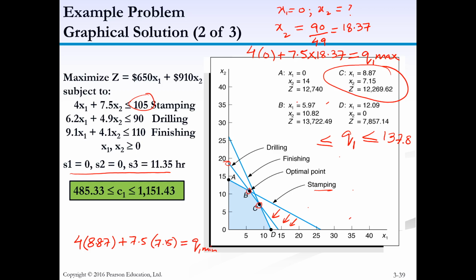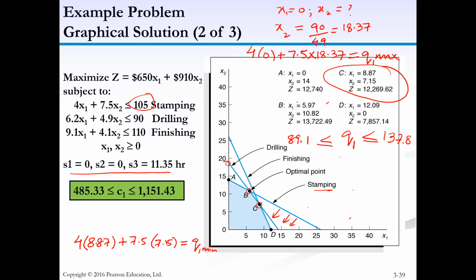Let me use the calculator: 4 multiplied by 8.87 plus 7.5 multiplied by 7.15, and what we get is 89.105. So we will have 89.1.